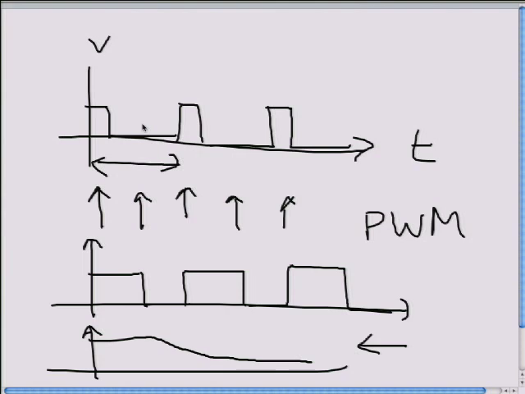Why would it be better to do pulse width modulation instead of controlling the voltage? Yeah, one, it's easy to do with the digital controller. Right. It's two states. And it's also more efficient. Is it more efficient? I think it is, because you have higher voltage.